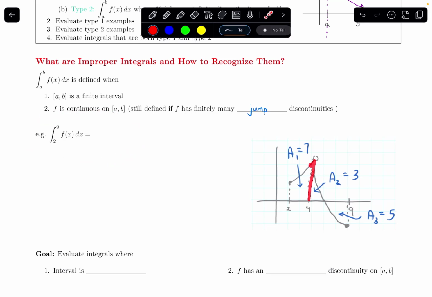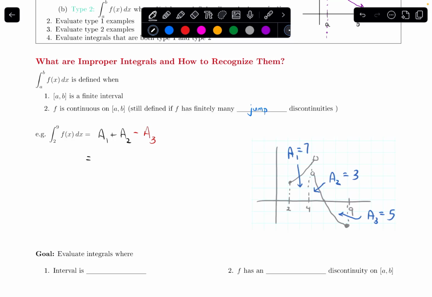So if I look at the left-hand side, that's going to be this area A1. On the right-hand side of that discontinuity, there's kind of two pieces. There's this region A2 and this region below the x-axis, A3, which I'll have to count as a negative area. So this gives me overall A1 plus A2, those are my positives, minus A3, that one's negative because it's below the x-axis.